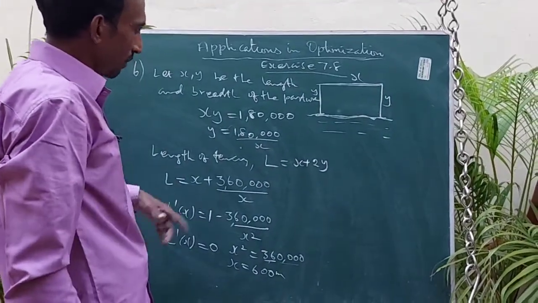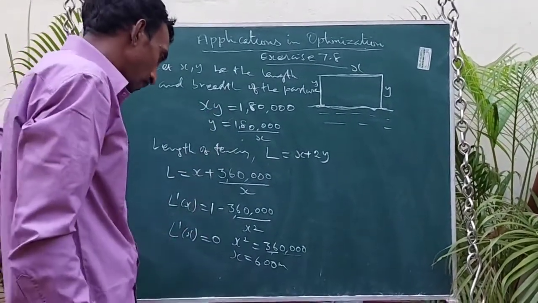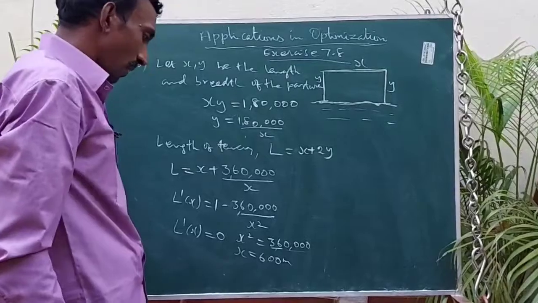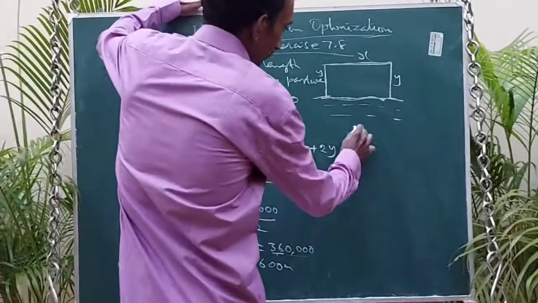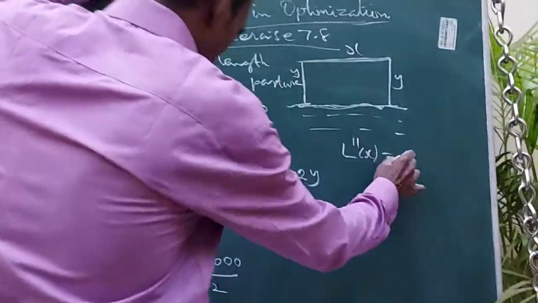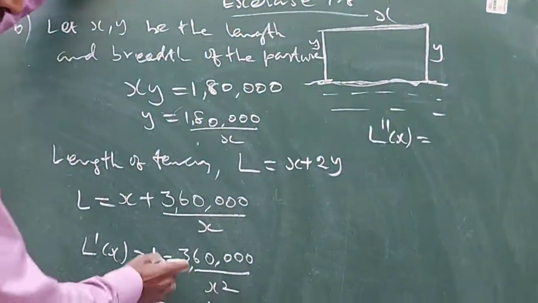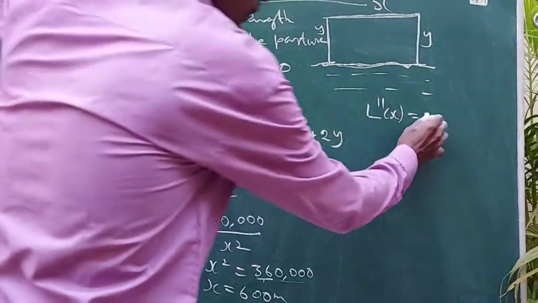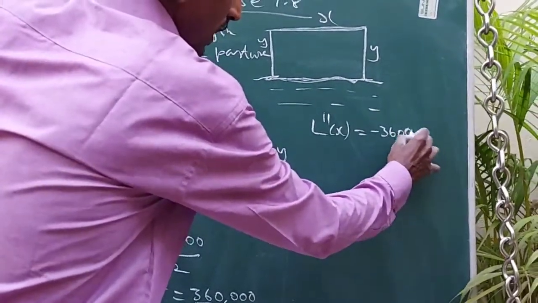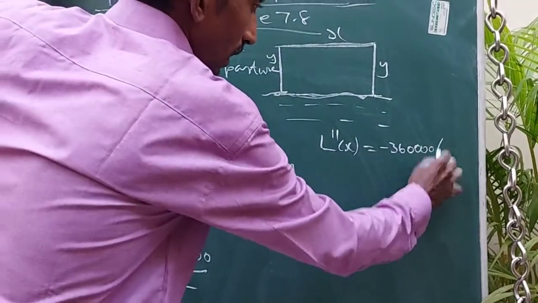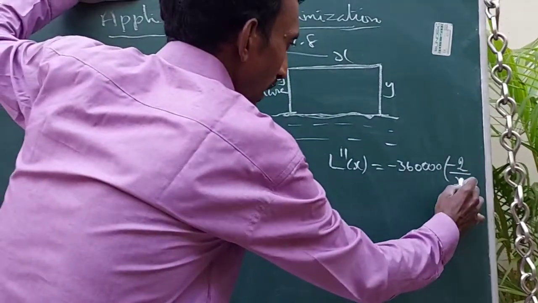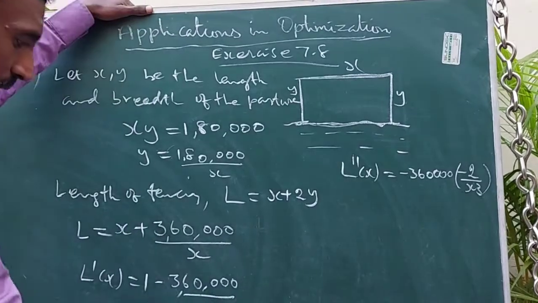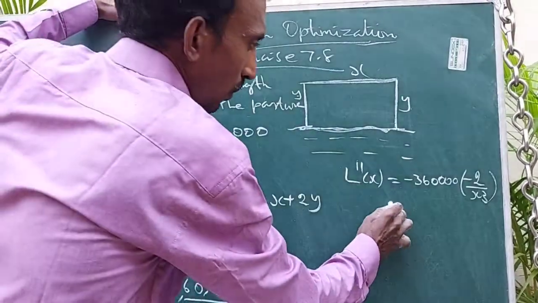So now our aim is to minimize the material. So find out the second derivative. Differentiation of 1 is 0. So minus 3,60,000 into minus 2 by x cube. Differentiation of 1 by x square is minus 2 by x cube.